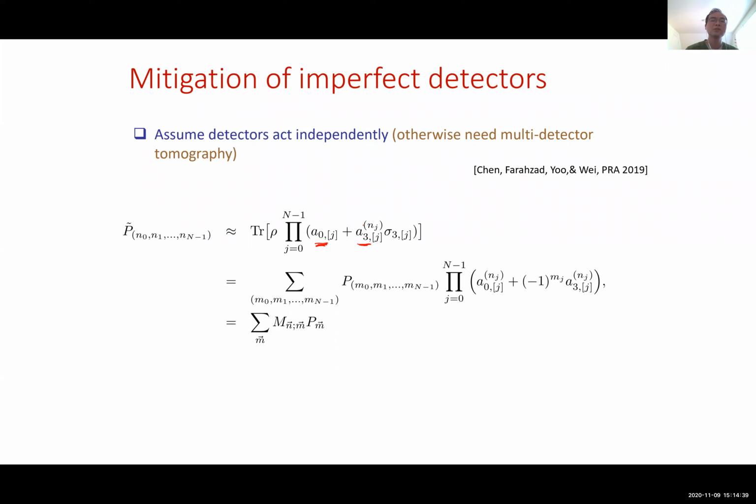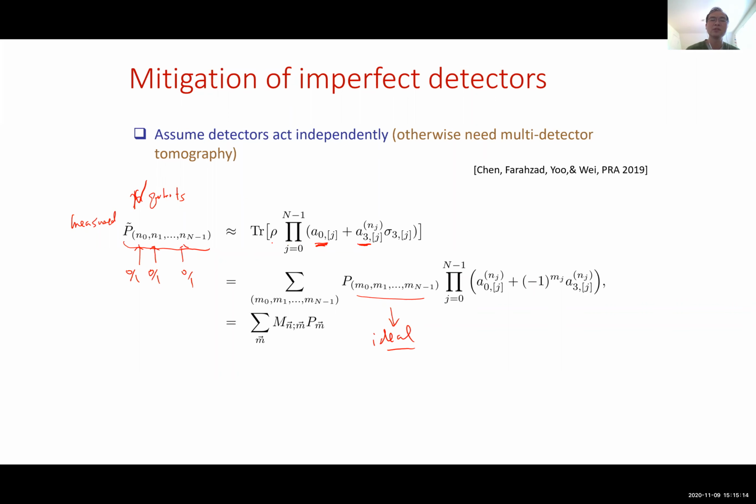Suppose you have n qubits, and you measure; the outcome could be 0 or 1 for the zeroth qubit, and 0 or 1 for the rest of the n qubits. This denotes the measured outcome, and here you can write it in terms of a probability distribution.